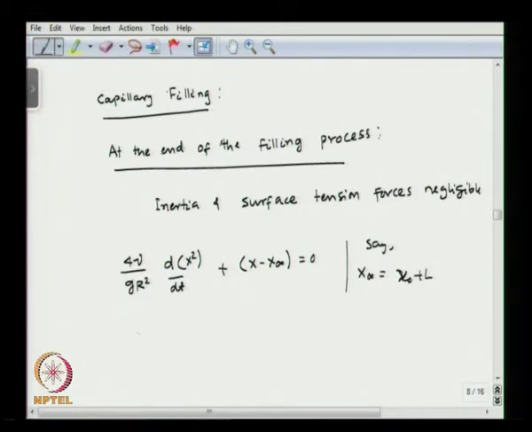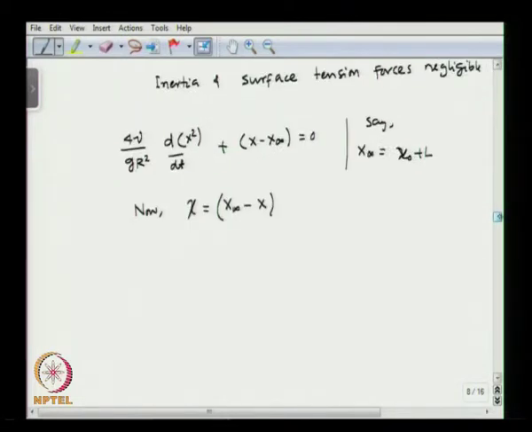Okay. So, now if we consider a parameter capital X as x infinity minus x, we can say that d x square over dt at x tends to 0 will be 2x into dx, which will be equal to minus 2 x infinity into dX. Okay.